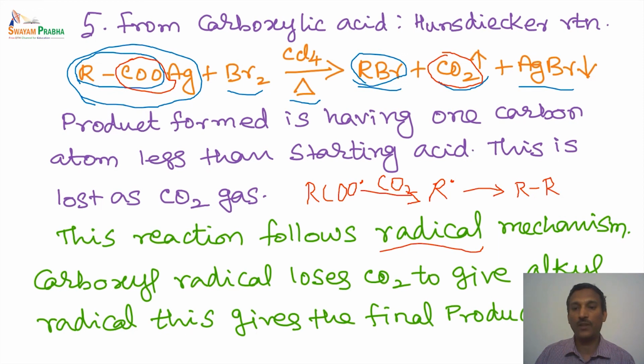In other words, if we take 100 molecules of the silver salt of the carboxylic acid, the reaction does not necessarily give 100% of the alkyl bromide. Depending on the reaction conditions and the stability of the alkyl radical, some amount is converted into the dimer. So again, in this particular reaction, we may not get 100% yield of the alkyl bromide.